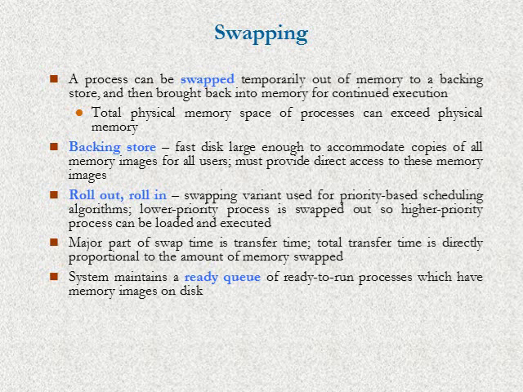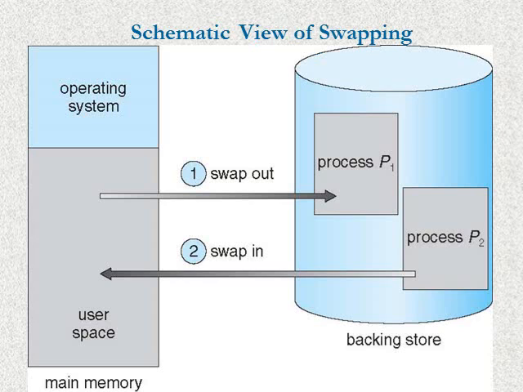So the major time that is required for swapping is the time to transfer data and code from the main memory to the backing store and from the backing store back to the main memory. And we have to maintain some queues in order to have smooth execution of multiple processes that are present in a system.